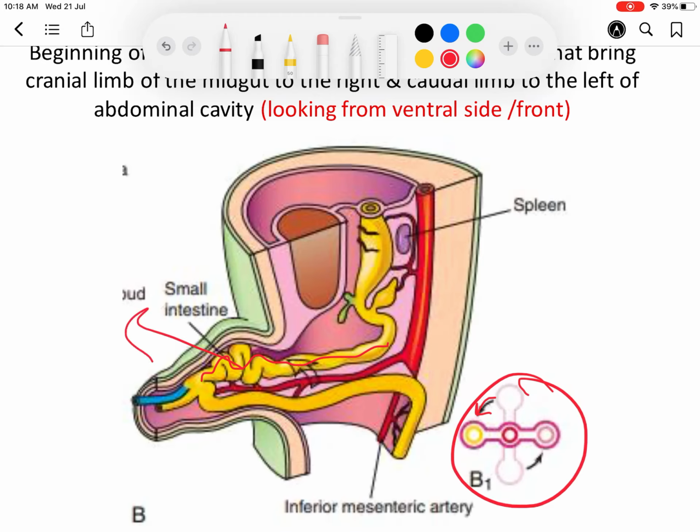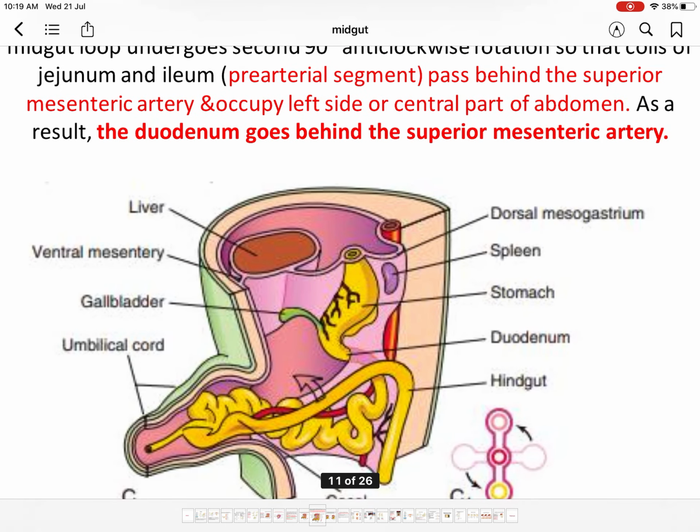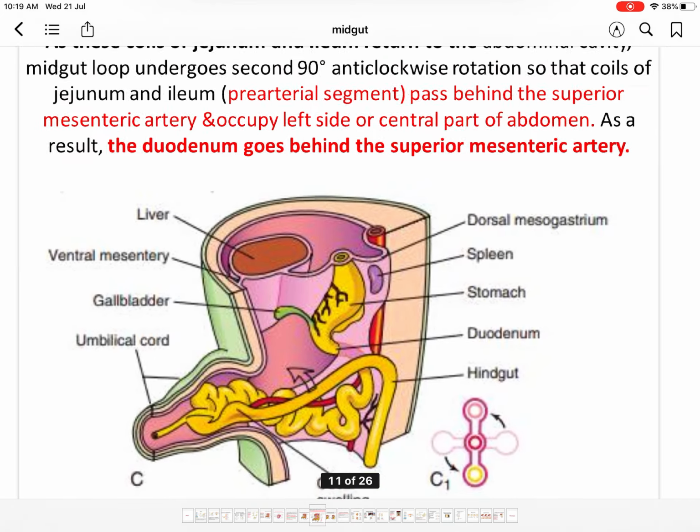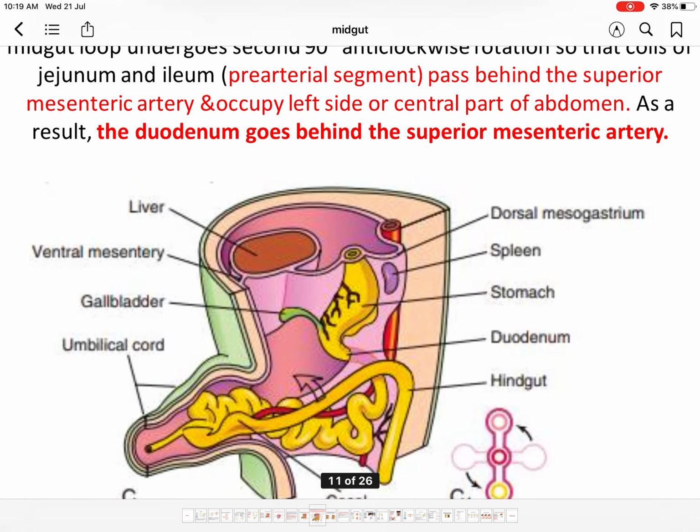Because of this 90-degree rotation, this pre-arterial segment, which was initially in the sagittal plane, now after 90-degree rotation in an anti-clockwise direction comes on the right side, and this post-arterial segment comes on the left side, and we are looking from the front or ventral side of the body.